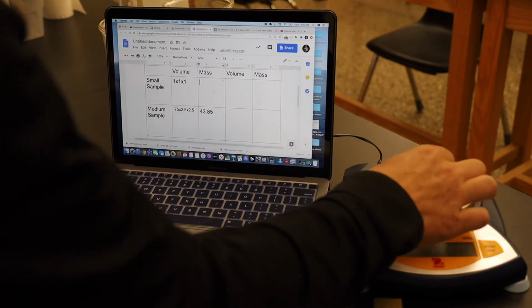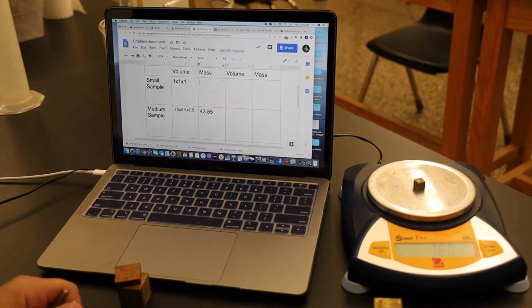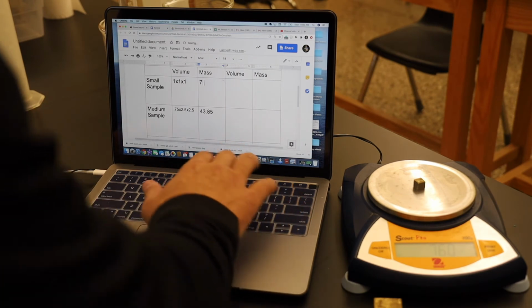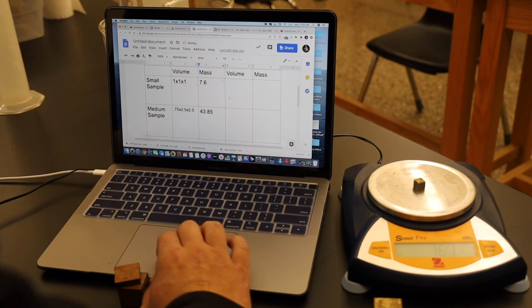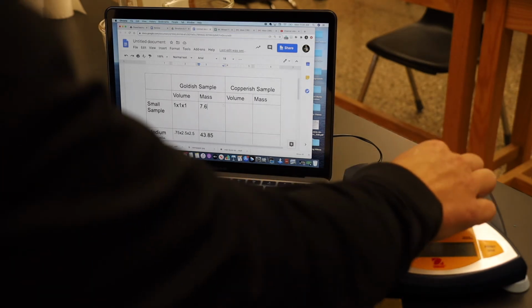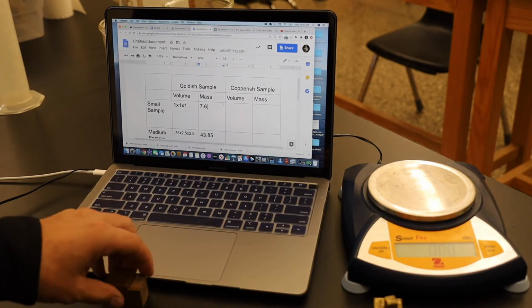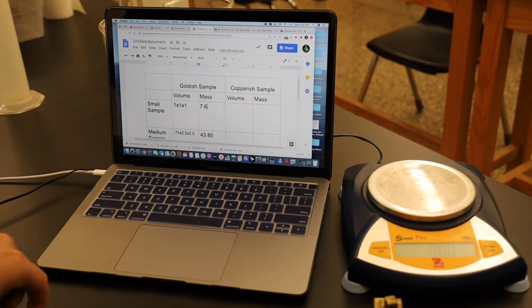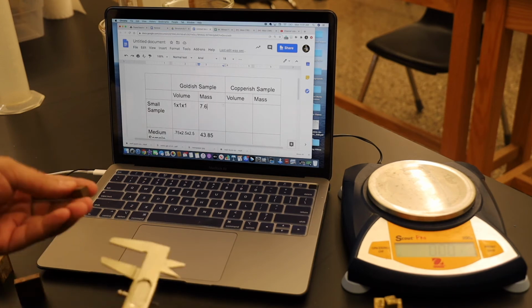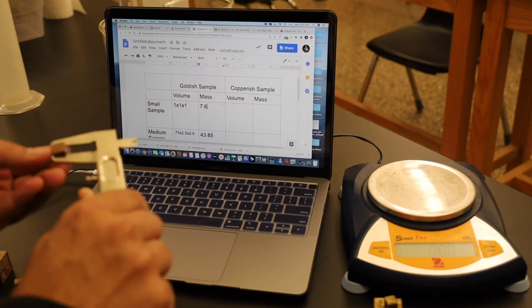And the mass of this one is 7.6 grams. All right, so our table is completely filled out for our gold colored samples. Now I'm going to move on to a different type of matter. We'll start with the small one first and work our way to the larger one.